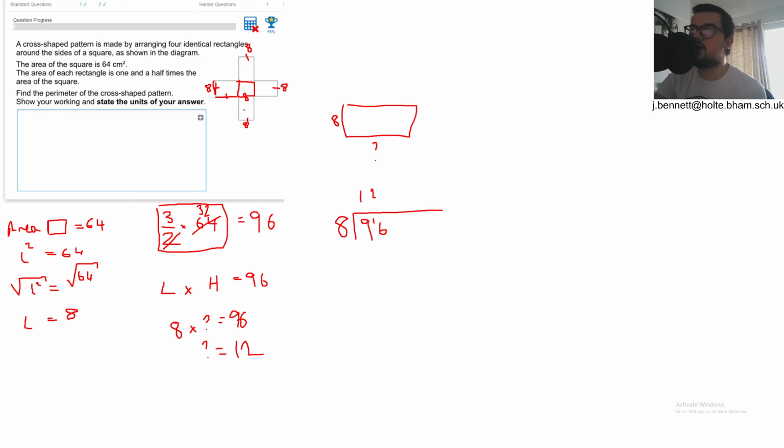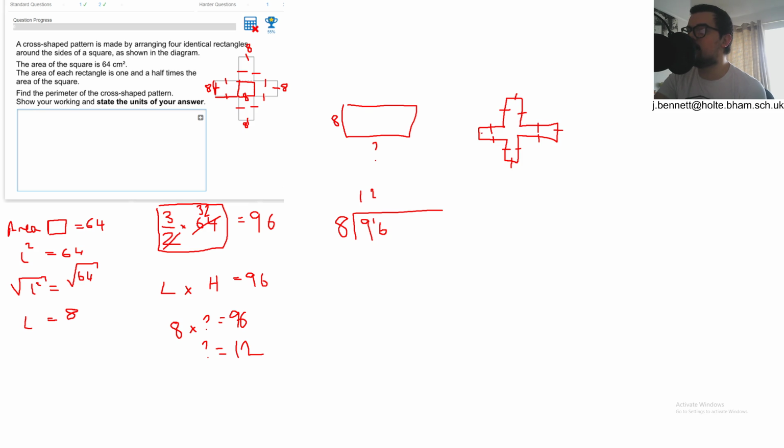So we now have 12, 12, 12, 12, 12, 12, 12, and 12. When we draw our cross, it's not a very good cross, we have 8 of these rectangular lengths, and we have 4 of our square lengths.